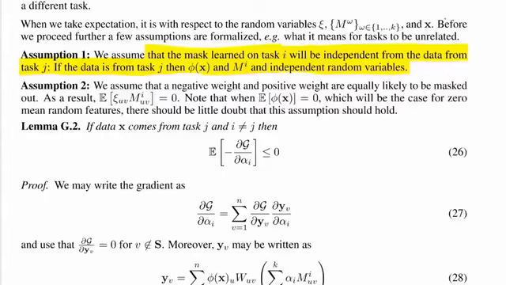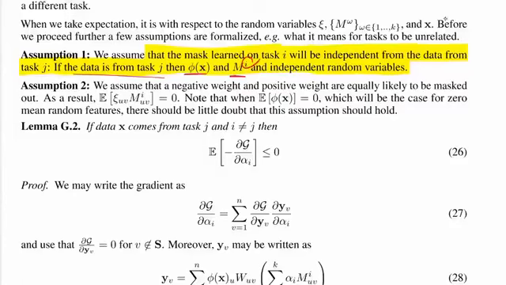But you can think of in the case of permuted MNIST or so, this is given, except if you consider this kind of frequency of brightness and so on. But if you have independent tasks, I think that this is given. That means that the features right here and the masks are independent variables. If the data is from task J, then the features and the mask from task I are independent variables.